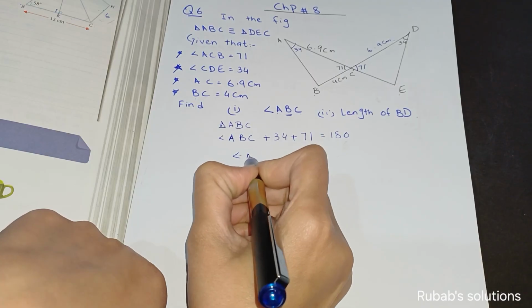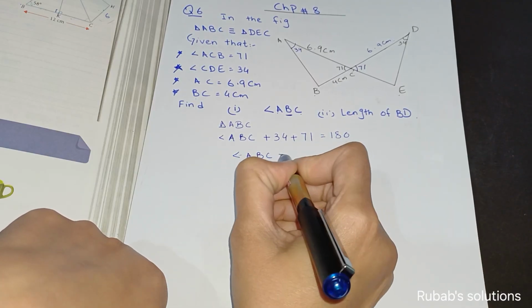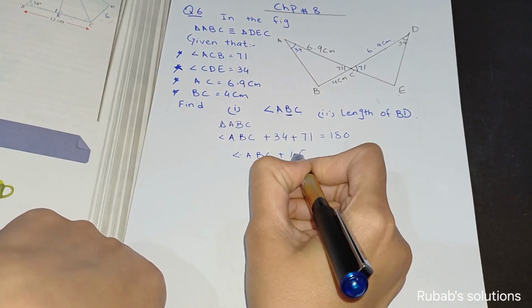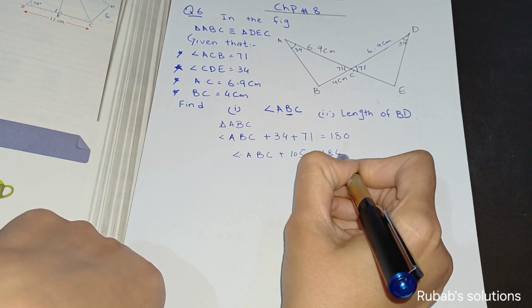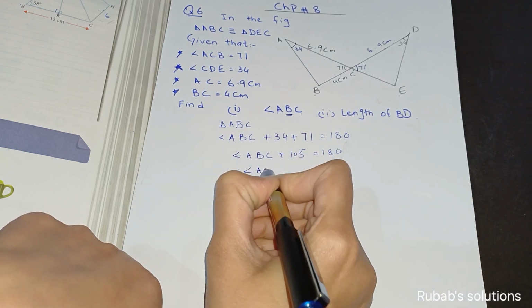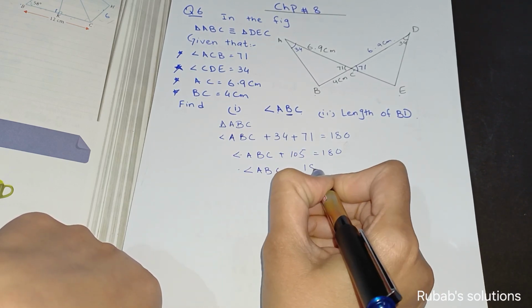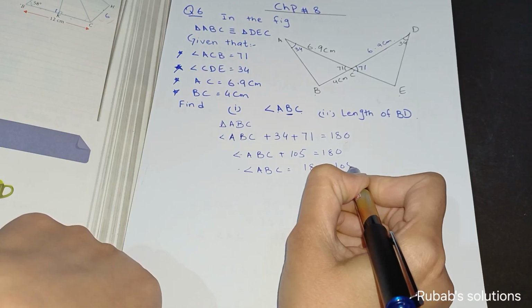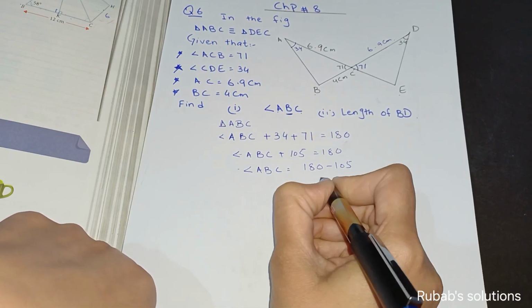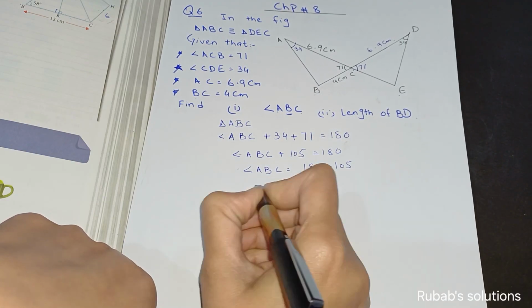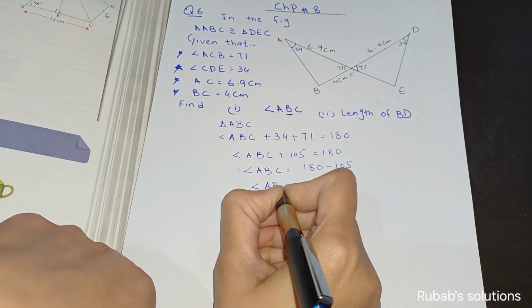Now angle ABC plus 105 is equal to 180. Angle ABC is equal to 180 minus 105, and the answer is 75. So I got the first answer.